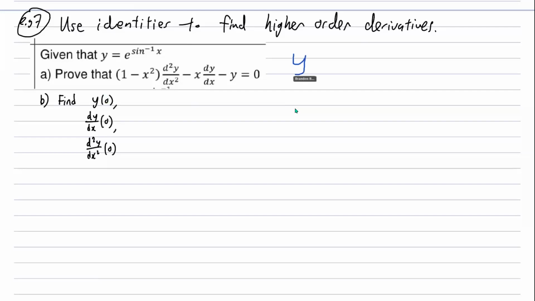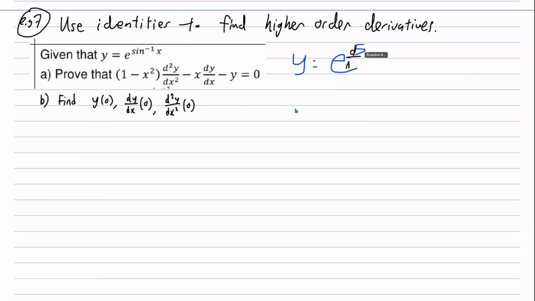Let's do part A first. Let me write it down.